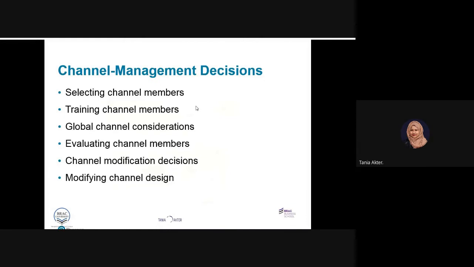Now this is important. We call it channel management decisions. These are the criteria to think about when you are designing or managing the channels. The first one is selecting channel members.